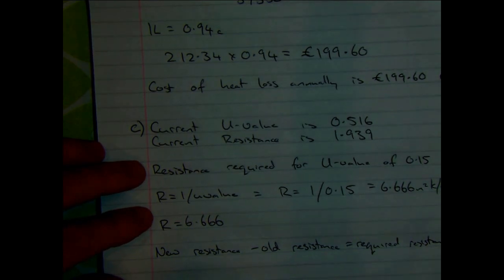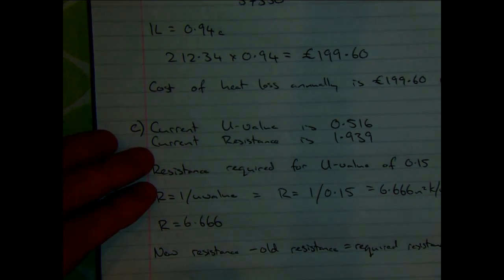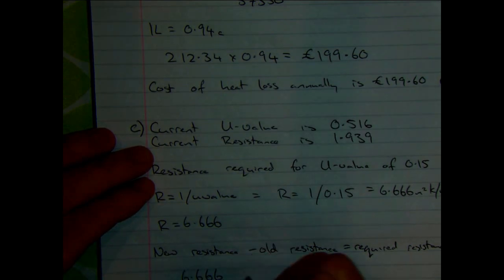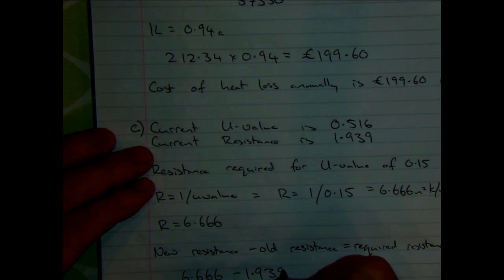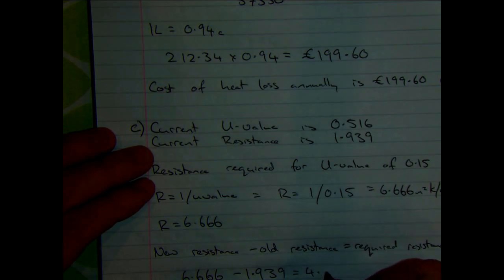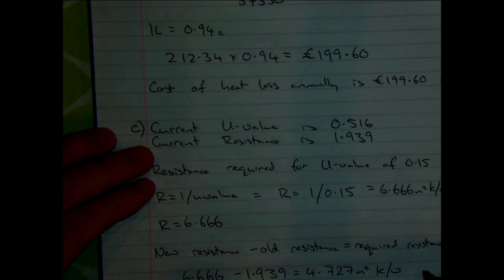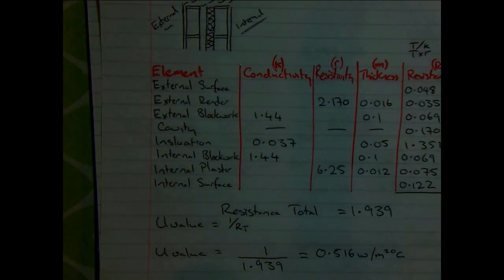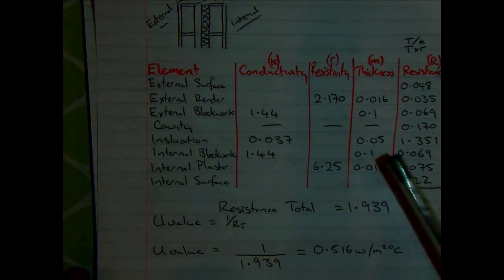The question is asking for the thickness of polystyrene, but you need the resistance to get that. So it's 6.666, take away 1.939. That's going to give us 4.727 meters squared K/W.